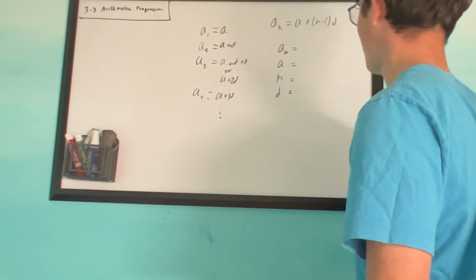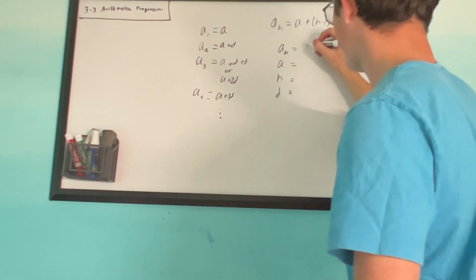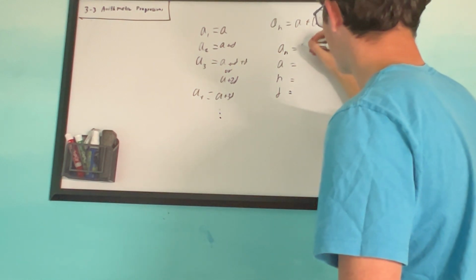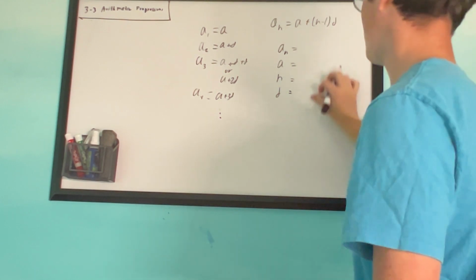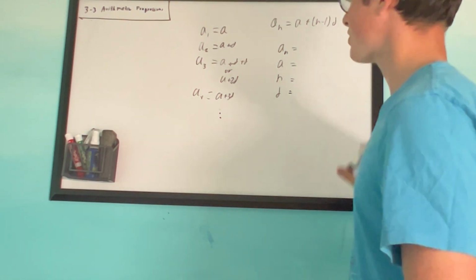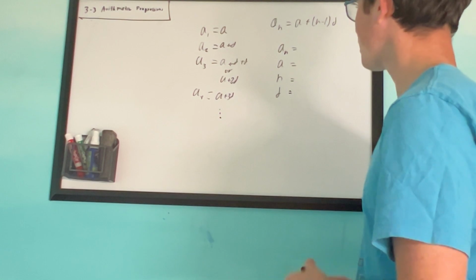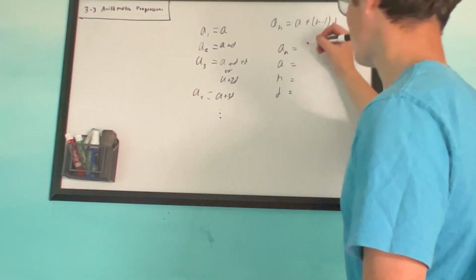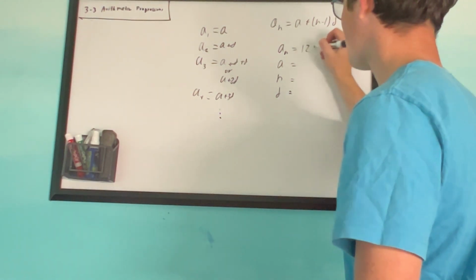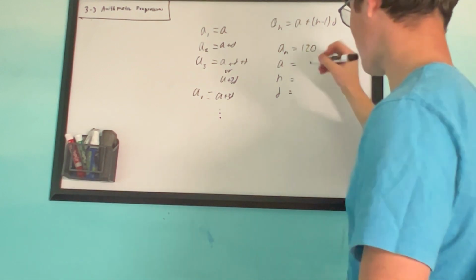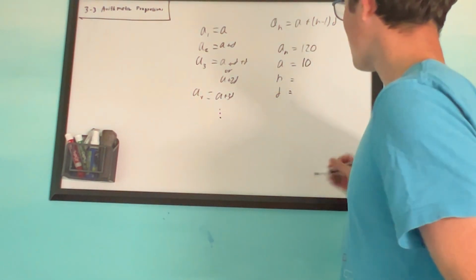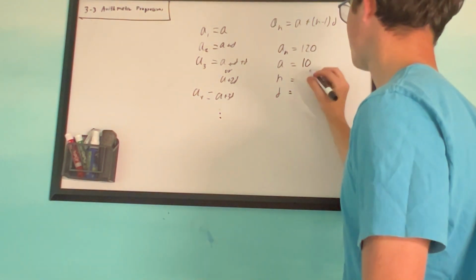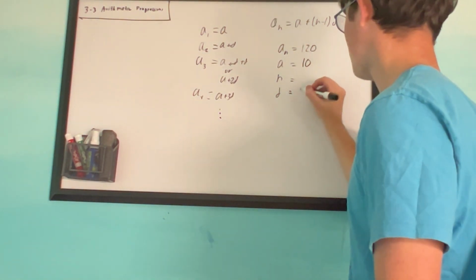So let's say we're looking for n. Well, I guess a sub n and n are not necessarily the same, but they're very similar. Say a sub n equals 120, and the initial value we'll say is 10, and we'll say our common difference is, I don't know, 11.